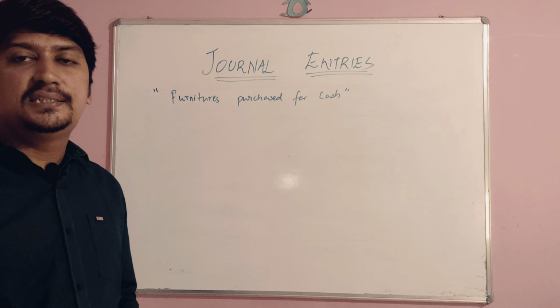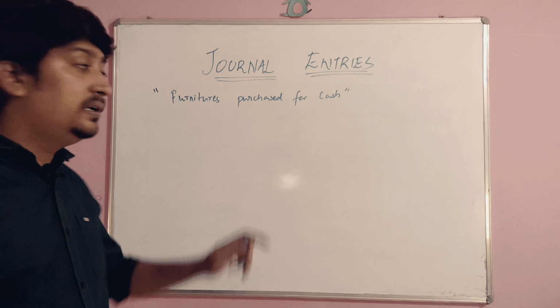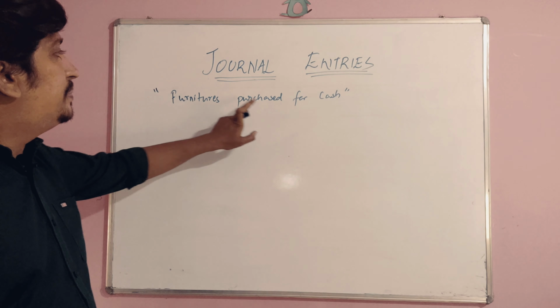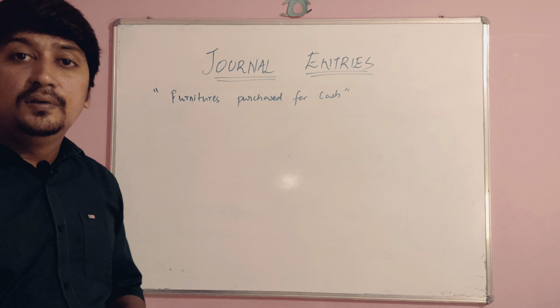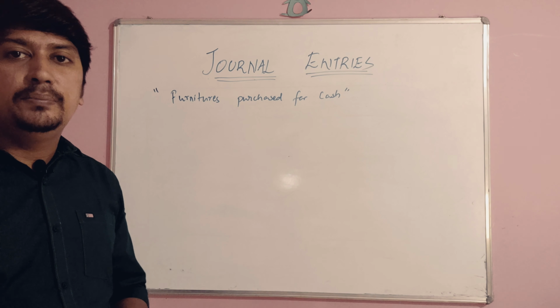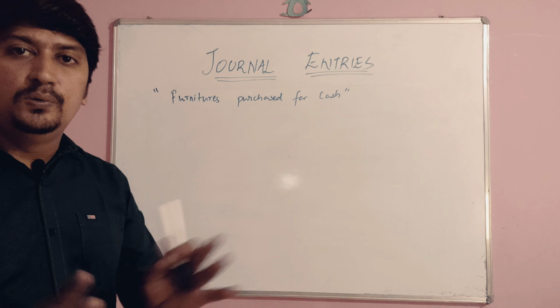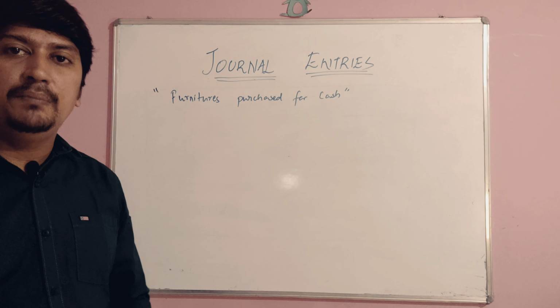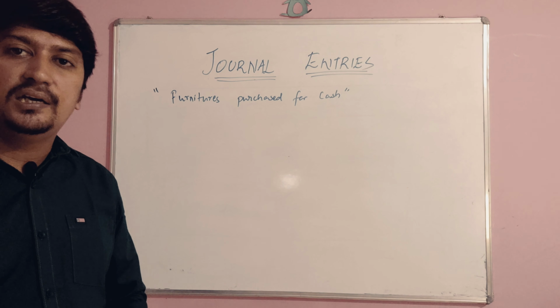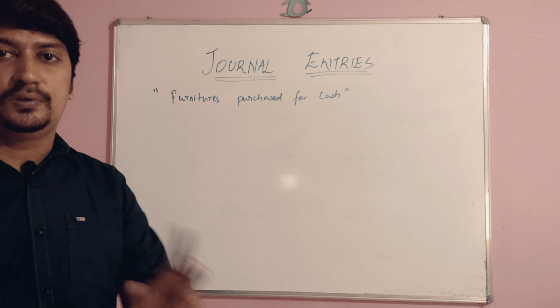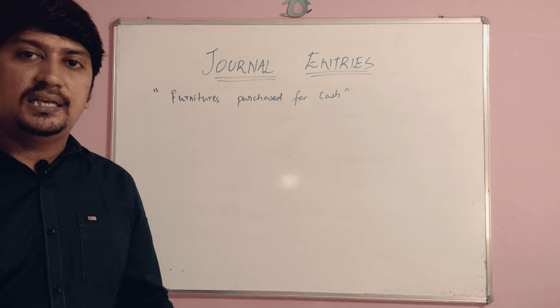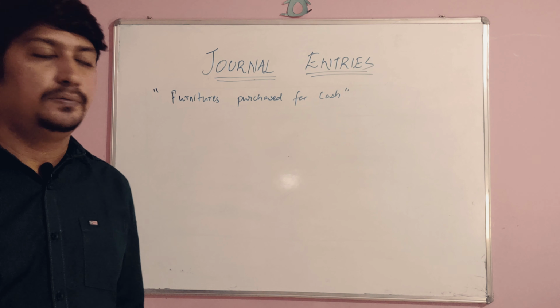Okay, let's pass a journal entry for this transaction, furniture purchased for cash. We all know that in the double entry bookkeeping system, each transaction has two effects. Each effect affects a minimum of one account, which means two effects affect a minimum of two accounts.